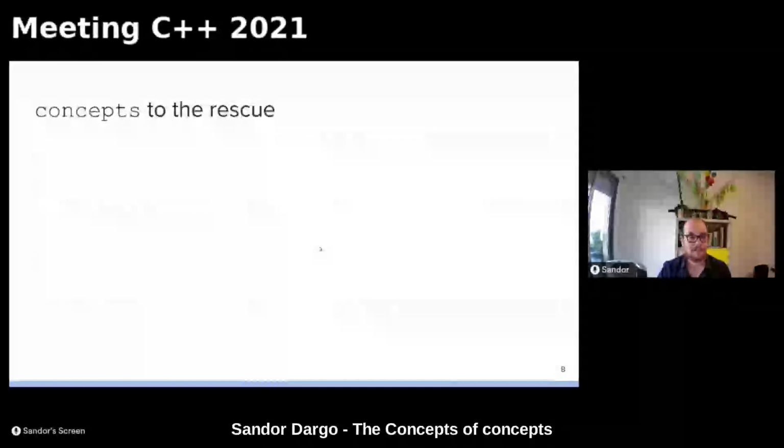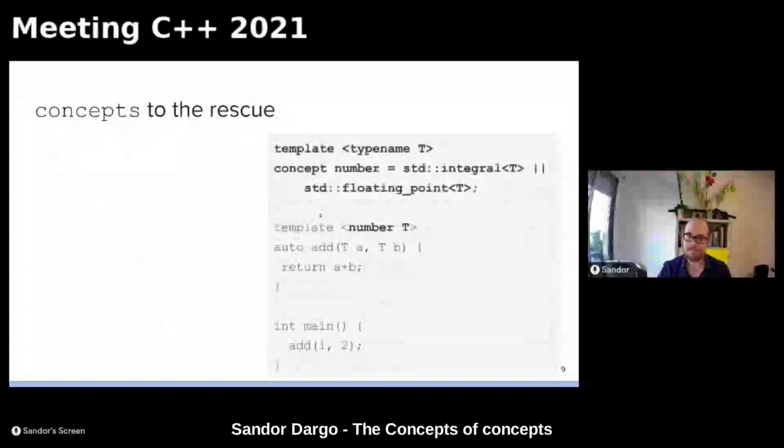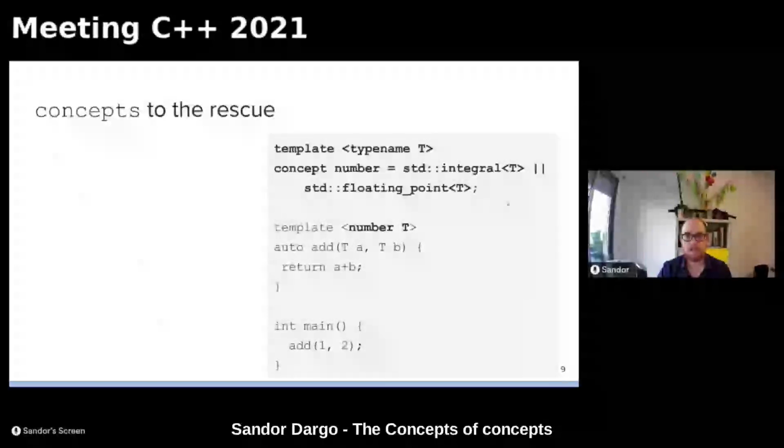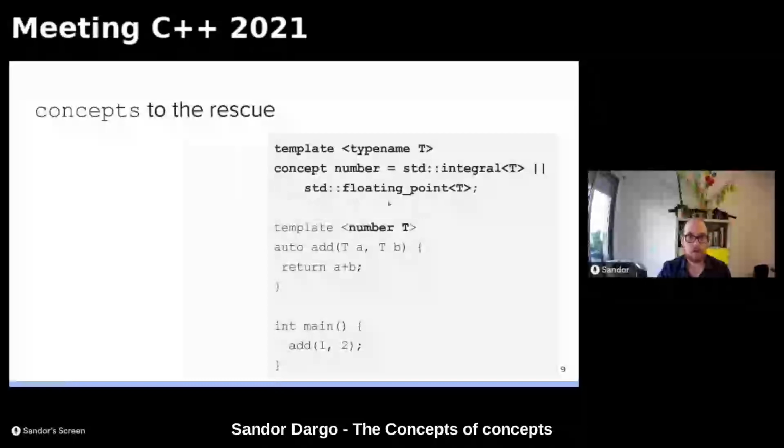So the next step, we arrive at concepts, which will pretty much save us in this situation, because you can write your constraint, your concept, in a quite concise and readable way. We'll get back to the exact syntax later on. So you can say that you have this concept number, and it must be either an integral or a floating point.